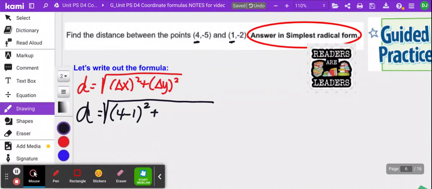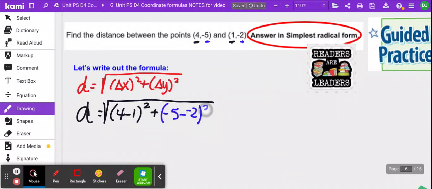And then I'm going to look at my y's. Now be careful that you don't drop a negative. So that's going to be minus 5 minus a negative 2 squared. Now you can change the minus a negative 2 to plus, or you can just put it in your calculator.